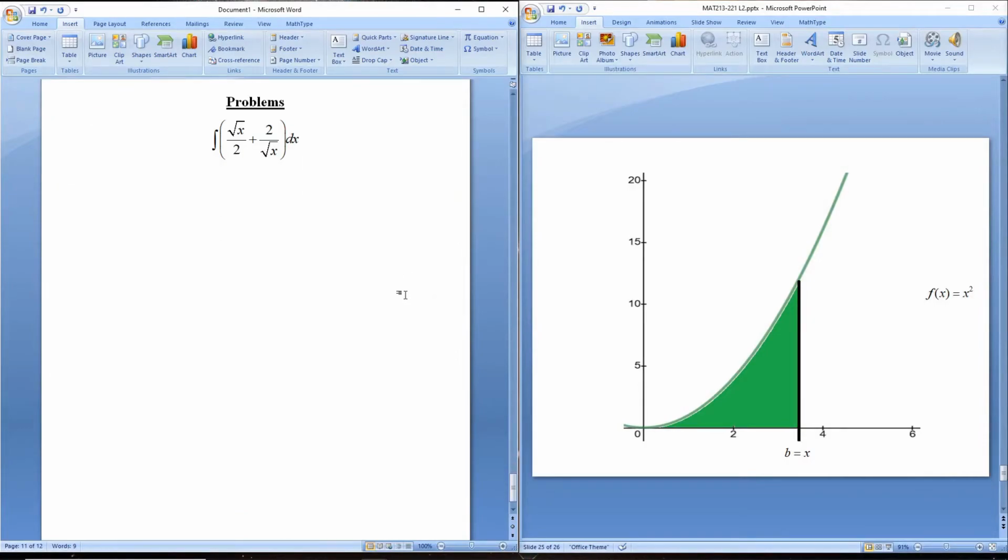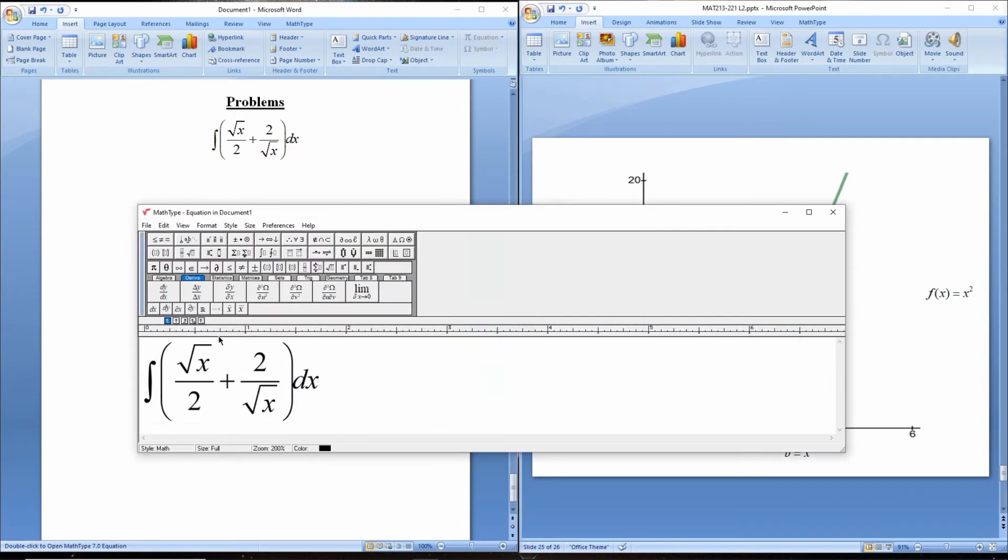Here's one where the book is trying to be a little cute with you. They've got the integral of square root of x over 2 plus 2 over the square root of x. So recall that when you have this square root of x, a good thing you might want to do is to change this to its proper exponent. Remember, the square root means a half. We'll change that there. Change this one down here.